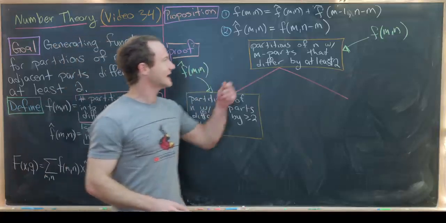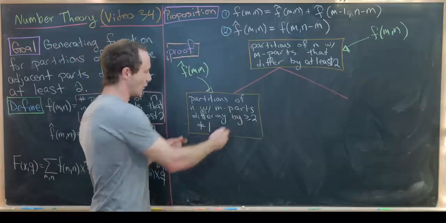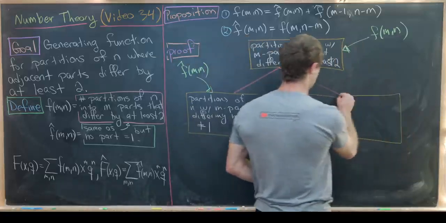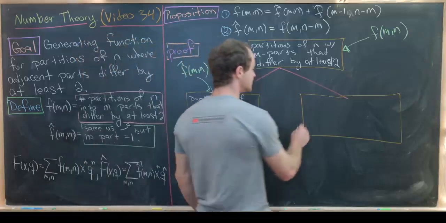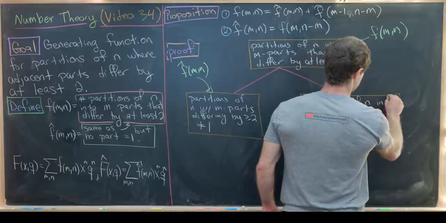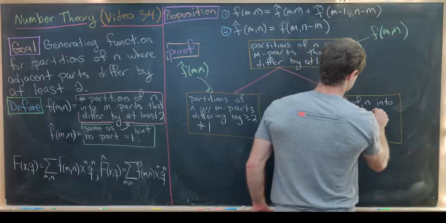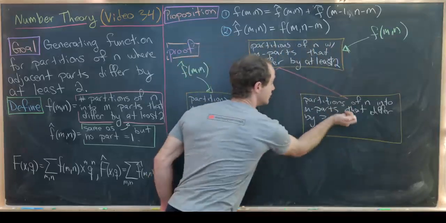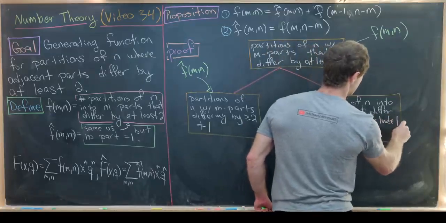Okay, so we can't just write this next one down, but what we can do is talk about what is not in this orange box, and that's exactly what we'll do. So let's go over here, and we'll describe the complement of this orange box. So this will be partitions of n into m parts that differ by greater than or equal to 2, and they include the number 1.